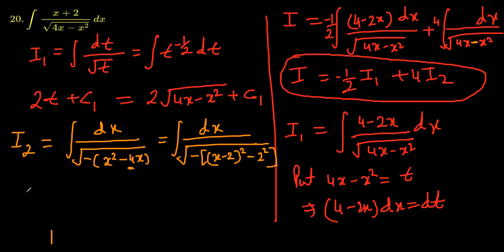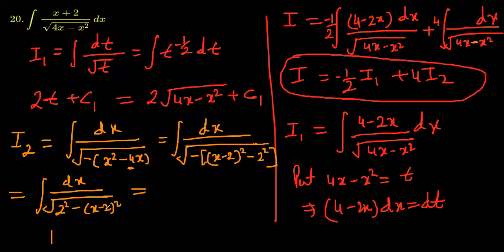Okay, we would like to change, open this bracket. So this I2 is now the integration of dx divided by under root of 2 squared minus x minus 2 whole squared. So this can now be simplified because this is in the form of the a squared minus x squared formula: 1 by under root a squared minus x squared is equal to sine inverse of x over a.